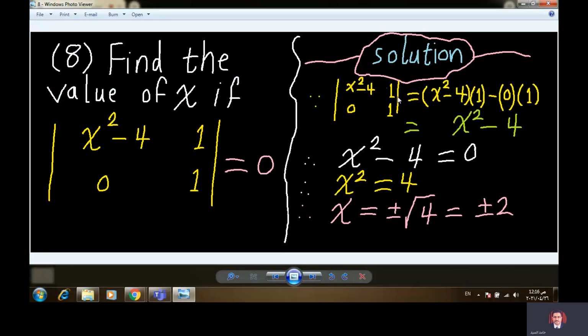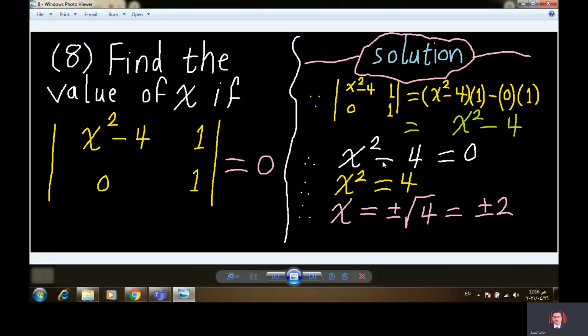Again, multiply the elements of the main diagonal minus the product of the elements in the other diagonal. As you see here, x squared minus 4 times 1 minus 0 times 1 equals x squared minus 4.